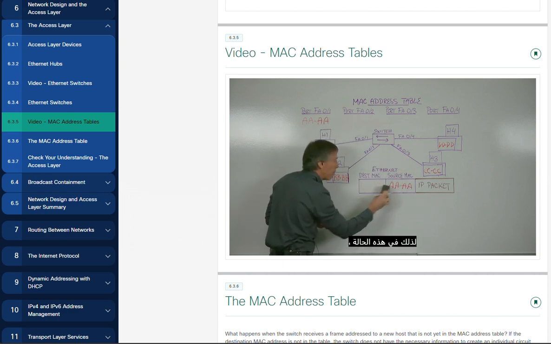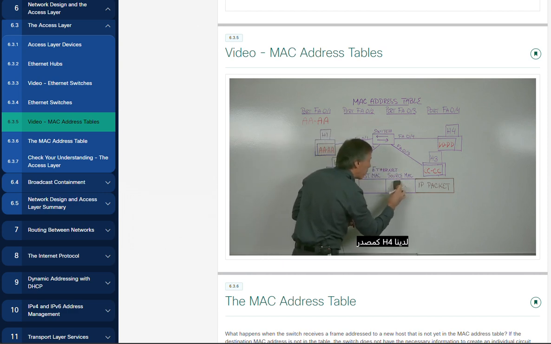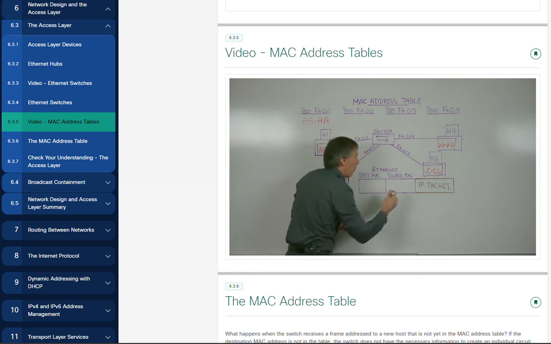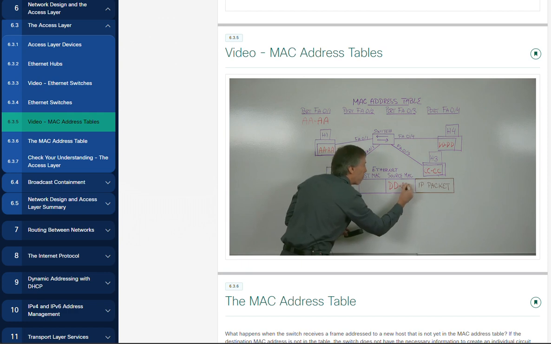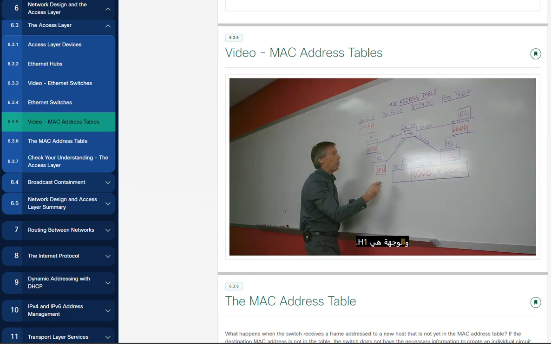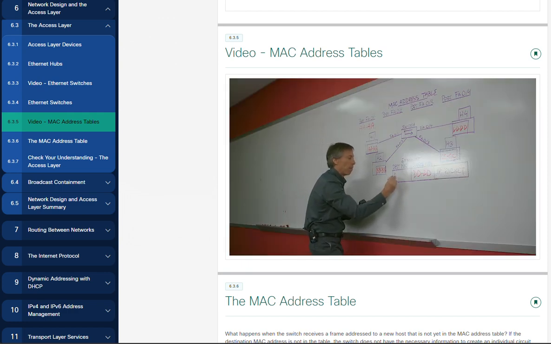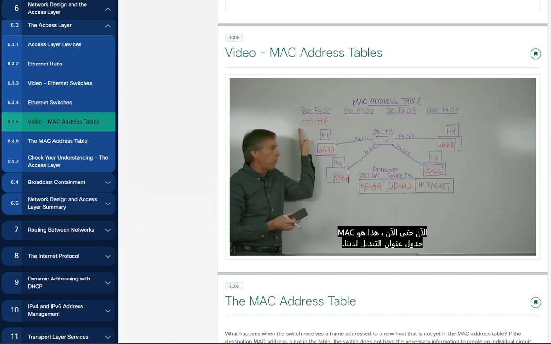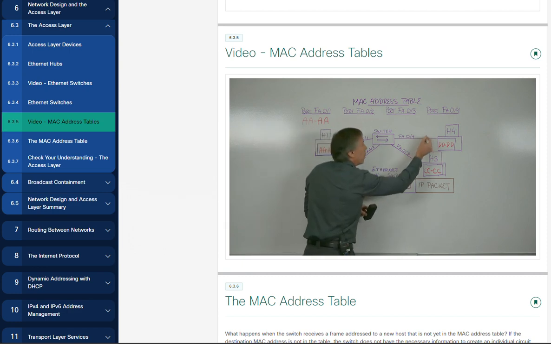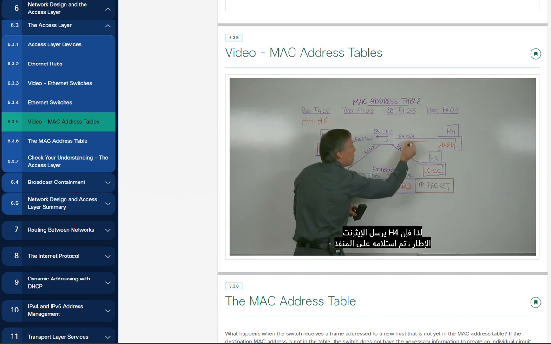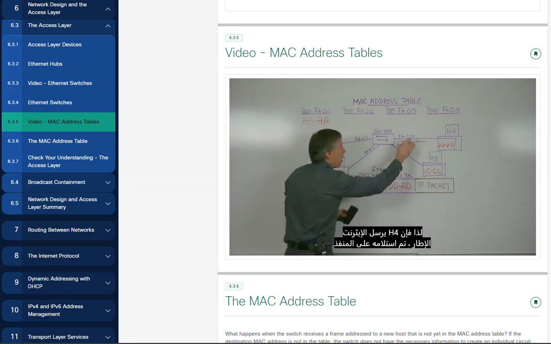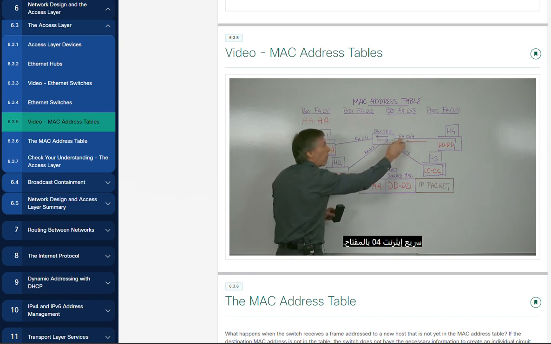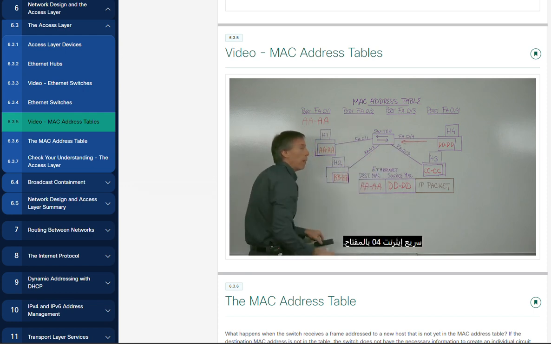In this case, we have H4 as the source, and the destination is H1. So far, this is the MAC address table of our switch. So H4 sends the Ethernet frame. It's received on port FastEthernet 0/4 by the switch.